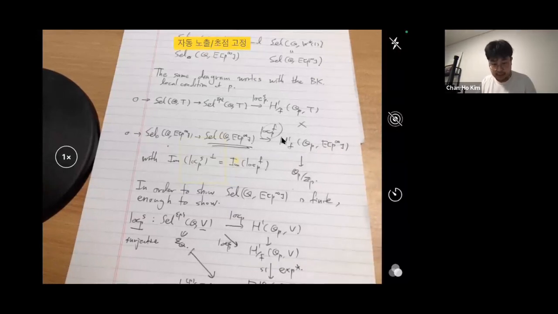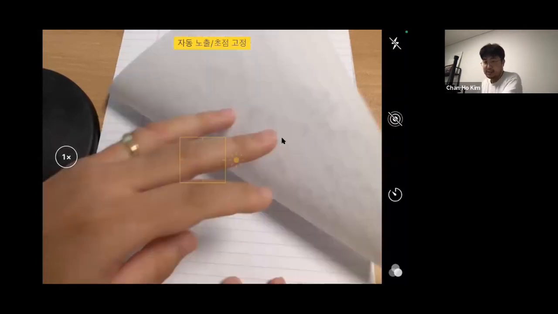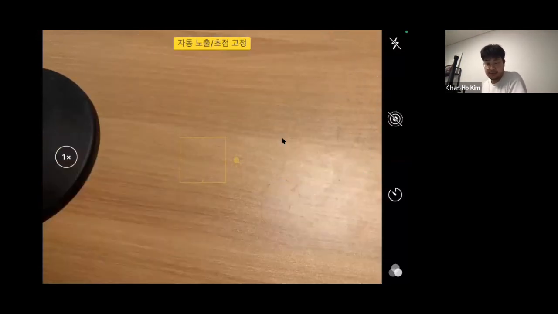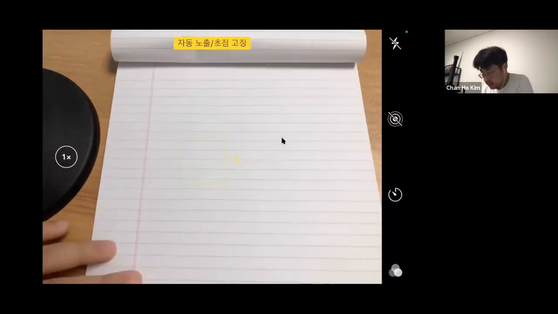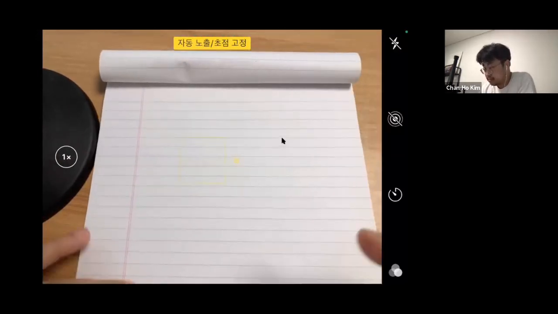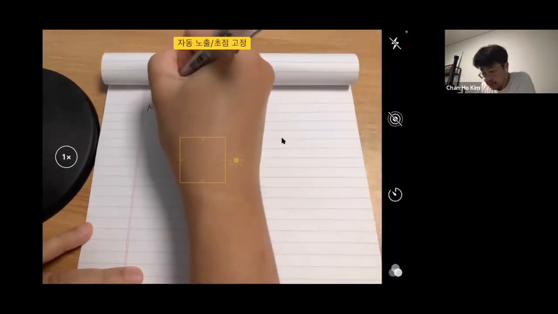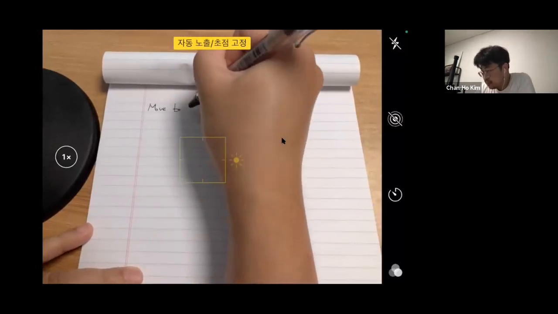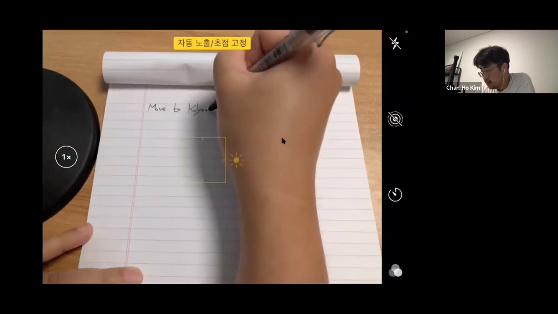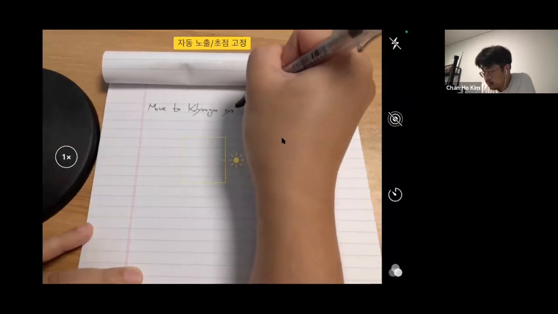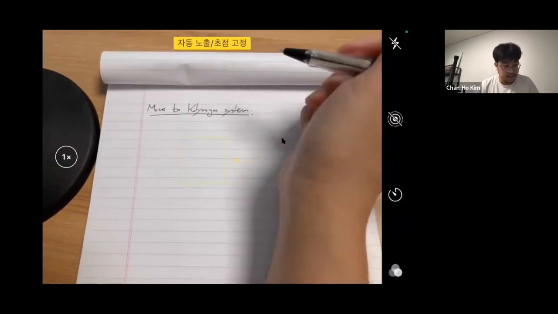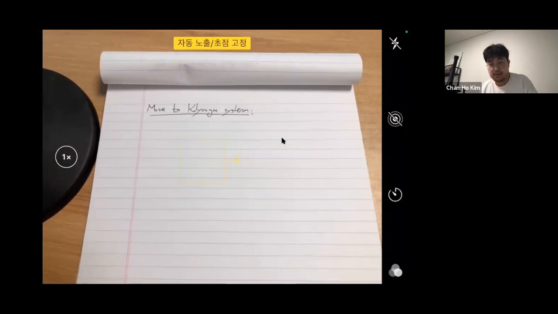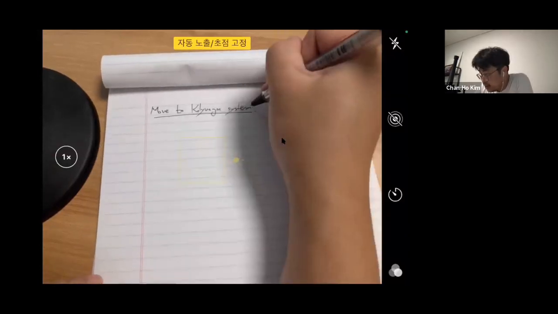Okay, and for the last part of the time, I will move our interest to the Kolyvagin system, not just the Euler system. Give me a second. Okay, first, why?